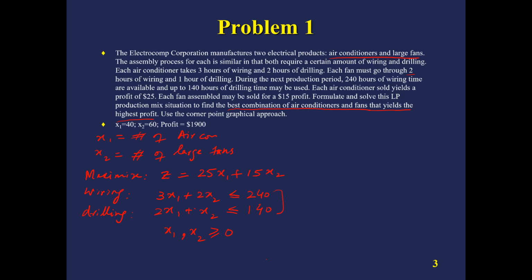If we graph these constraints, find the corner points and work out the profit at each corner point, the maximum profit yield will be $1,900, and the number of air cons to make is 40 and the number of fans to make is 60.